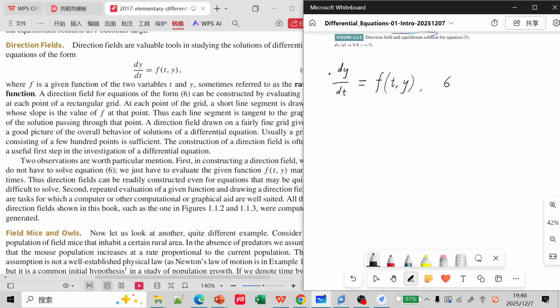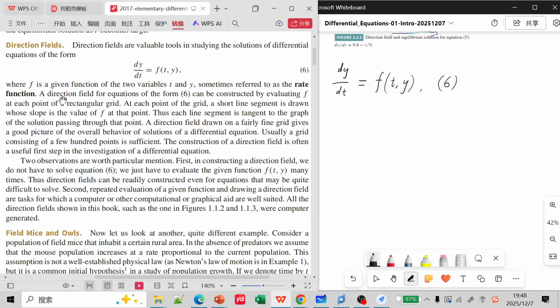This is the sixth equation, where f is a given function of the two variables t and y, sometimes referred to as the rate function.